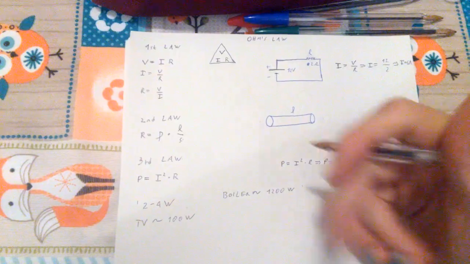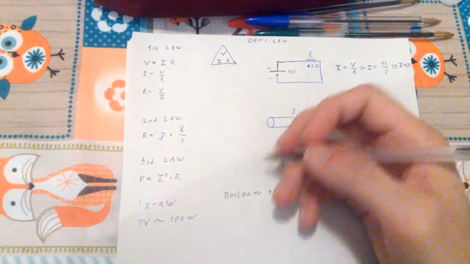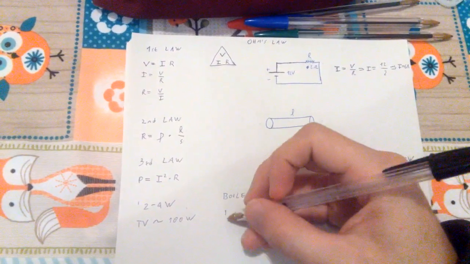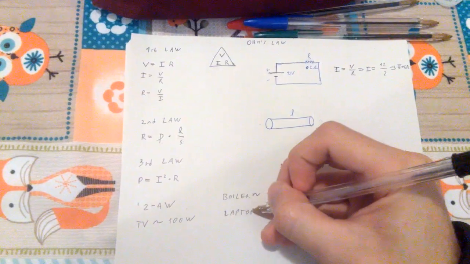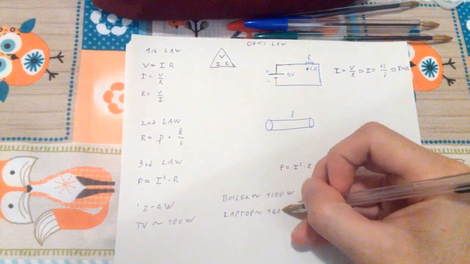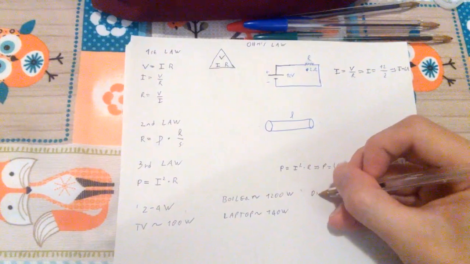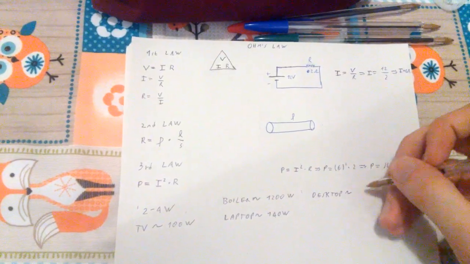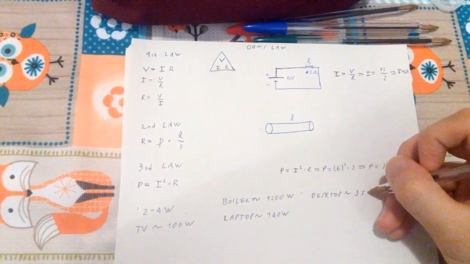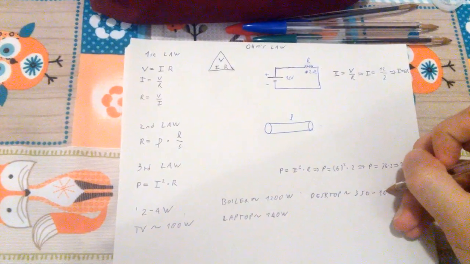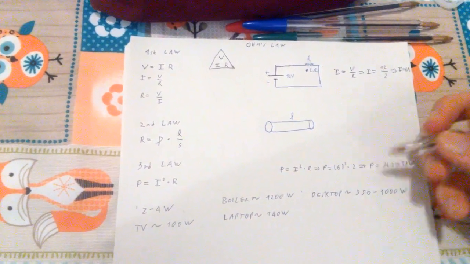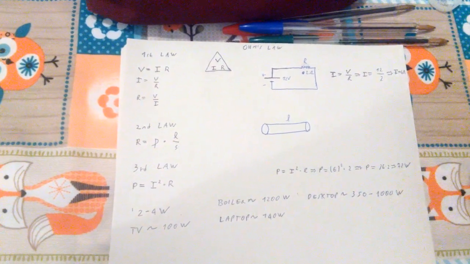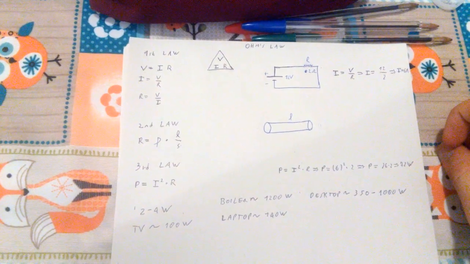Computer really depends. But a computer, not a tablet, like a laptop, about 140 watts. Desktop, more probably. Well, it really depends. They go from 350 to up to 1000 and more watts. It really depends on the components that you have, which GPU you have, and so on and so forth.